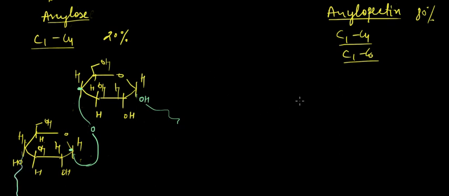Next we have amylopectin. I'm just drawing 3 structures of alpha D glucopyranose to understand this better.